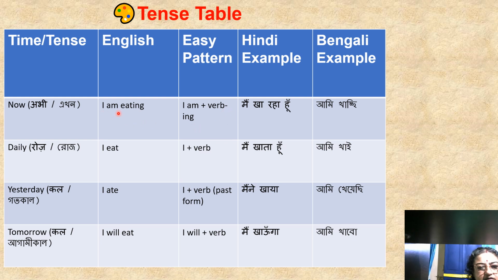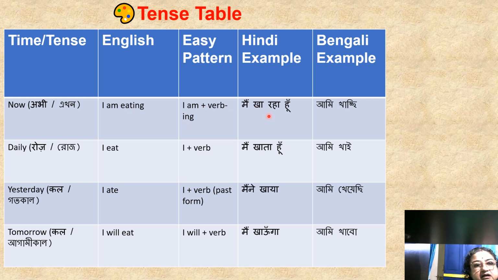So am is there in the previous slide, you have seen আগের স্লাইডে দেখেছেন, अब लोग देखे हैं पहले जो दिखाया स्लाइड में, आई के बाद एम होता है, उसके बाद वर्ब के साथ आईएनजी होता है। So eat is the verb, with it ing we just write and we form eating. So I am eating, I am plus verb eat plus ing.